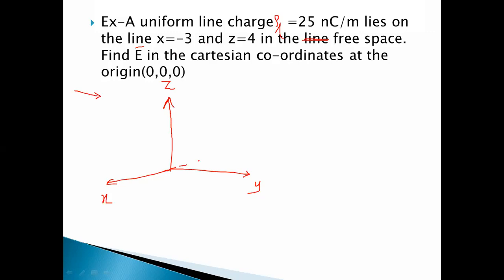Sorry, x is equal to -3. Here it is the plus x axis, and here it will be the minus x axis. So at -3 a point is located somewhere here, and z is equal to 4. This is your origin. So here x is equal to -3 and z is equal to +4.